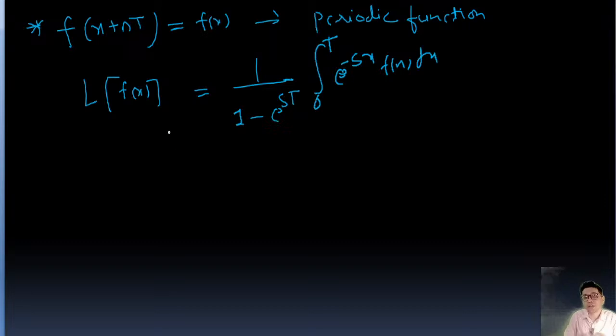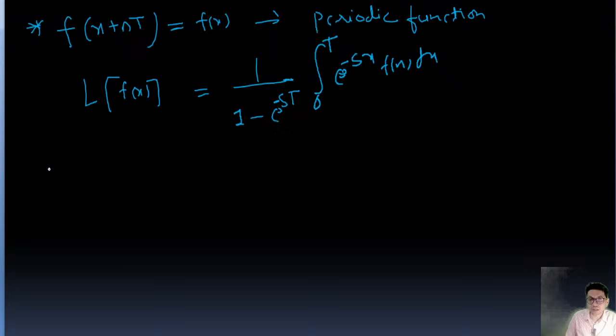Okay, so Laplace transform of f(x) is going to be 1 upon 1 minus e to the power minus sT, guys, and this T is the time period, okay, and integration 0 to T e to the power minus sx f(x) dx, okay.